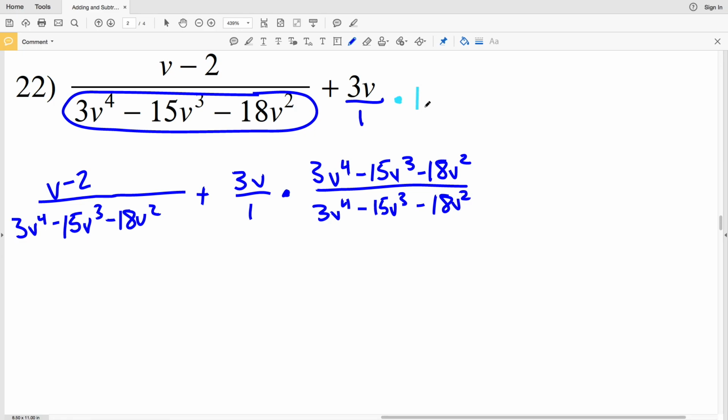So now you can see that I have equivalent denominators. So my denominator is going to be 3v to the fourth minus 15v cubed minus 18v squared.